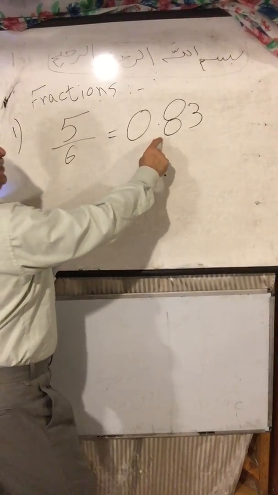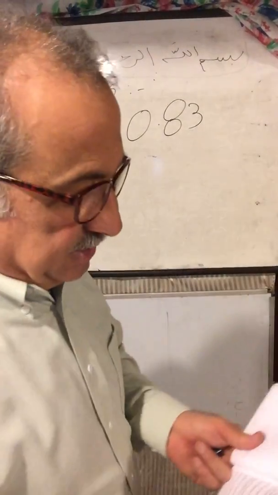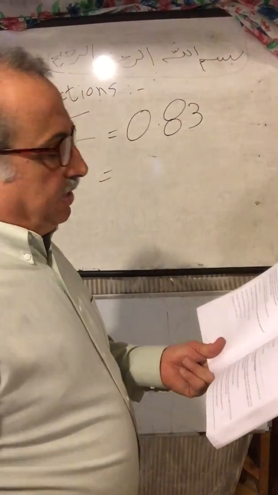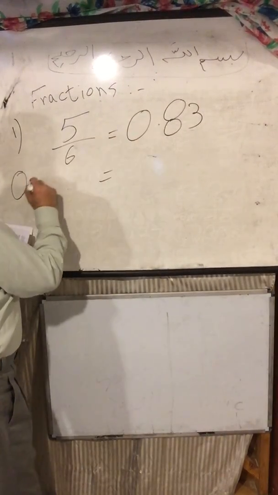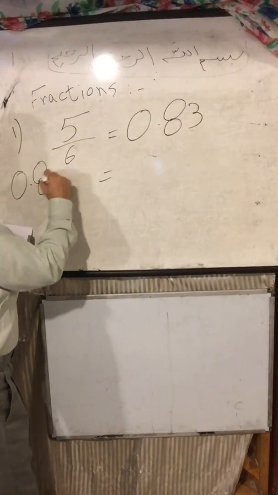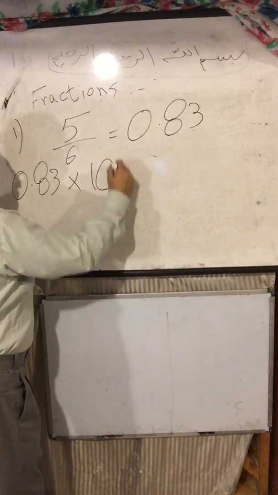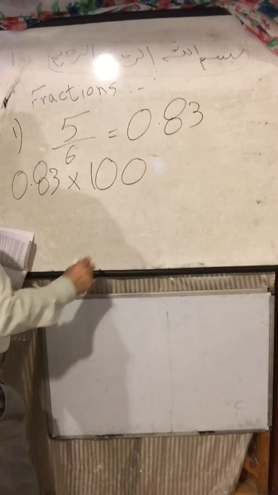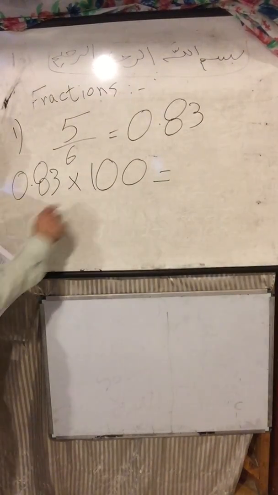Now how do I convert this to a percentage fraction? Percentage fraction is a lot of fun actually. You take 0.83, you multiply it by 100. 0.83 times 100.